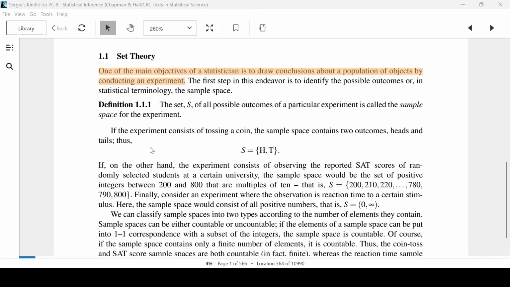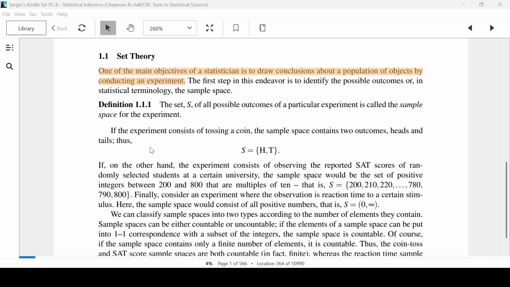So this term experiment here is not really introduced. It's kind of assumed that people already know what an experiment is. As we go along, we'll add additional color to our understanding of what an experiment is.